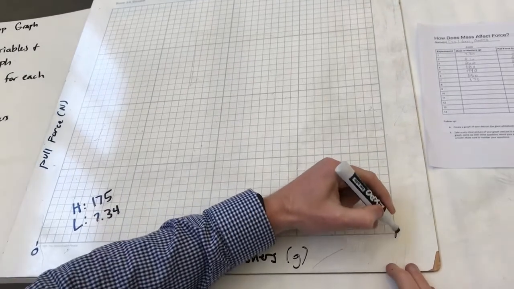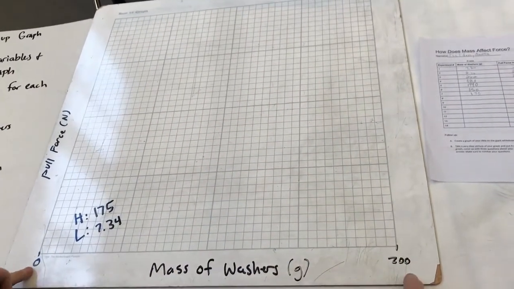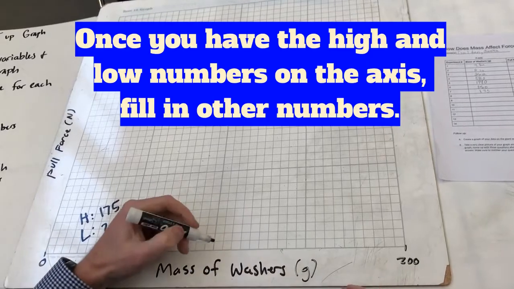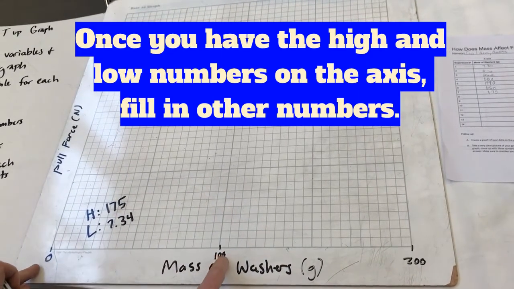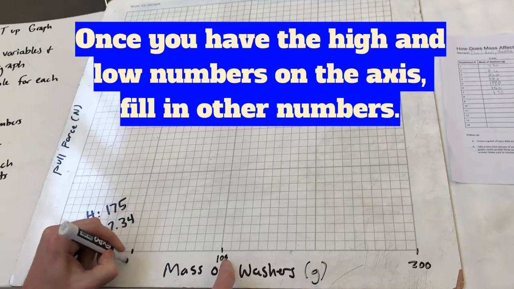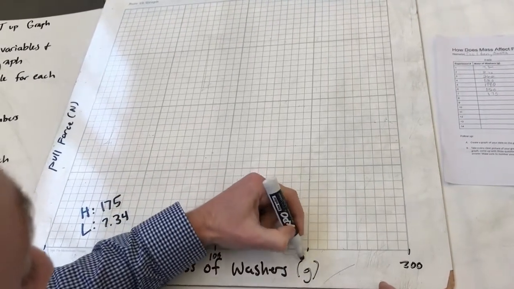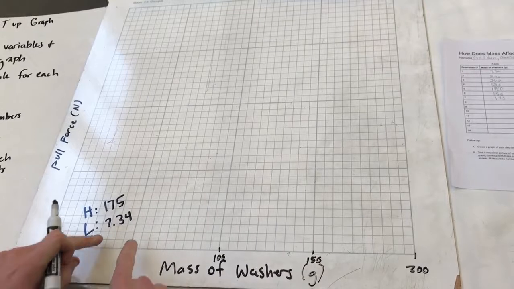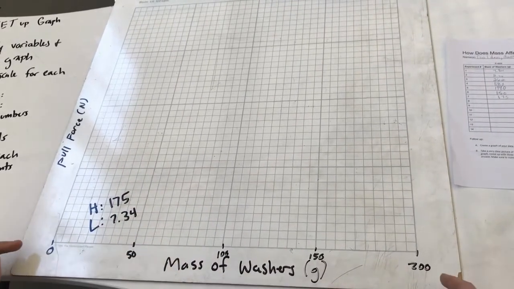I'm going to put 200 over here, which means that the midpoint between 0 and 200, this middle point right here, would be 100. Halfway between 100 and 0 is 50, and halfway between 100 and 200 is 150. So now I will be able to include all of this data on the mass of washers on the x-axis.